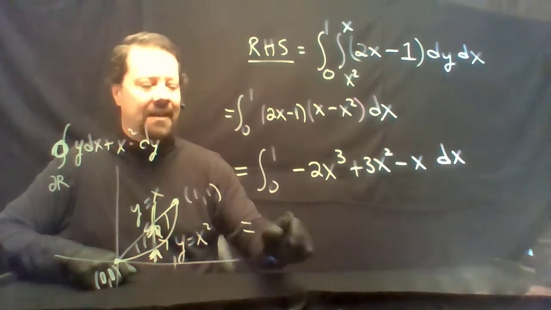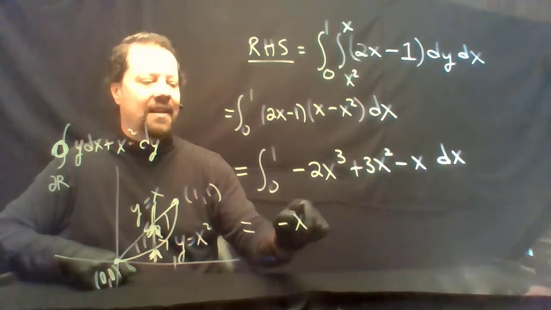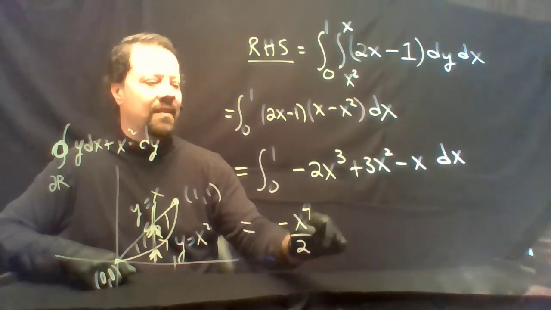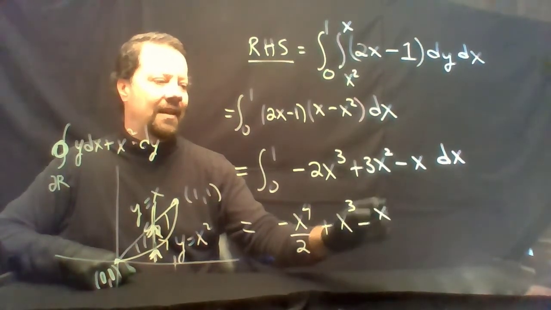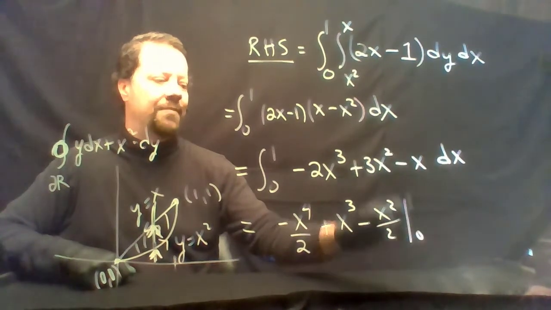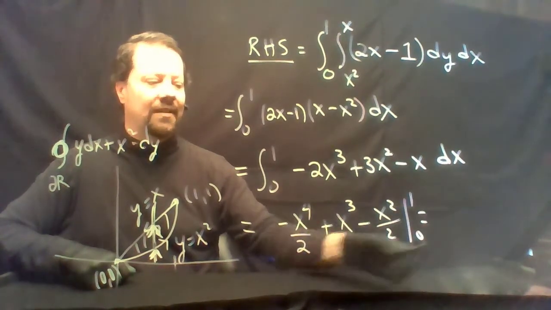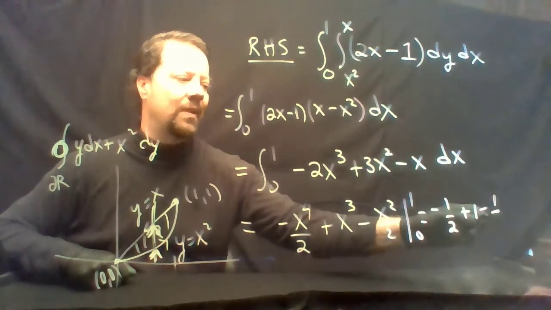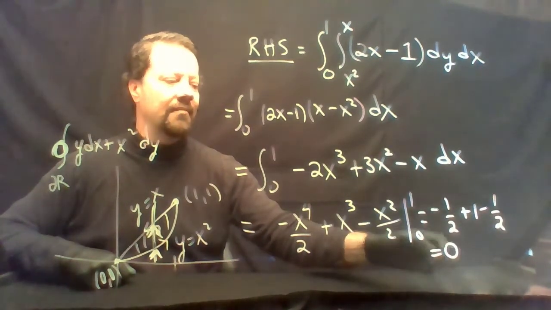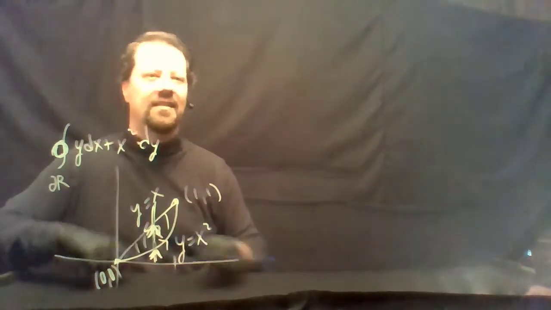Using the fundamental theorem of calculus, we get minus x to the fourth over 2 plus x cubed minus x squared over 2, evaluated from 0 to 1. Plugging in the 1, we get minus 1/2 plus 1 minus 1/2, and that's 0.